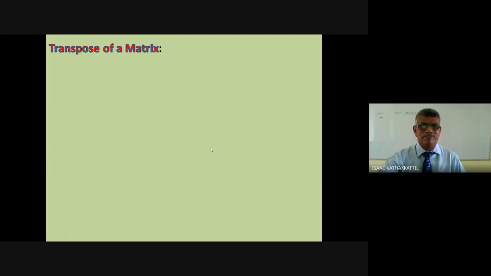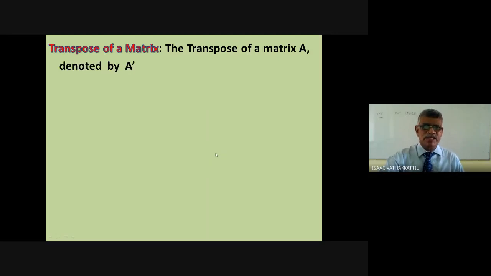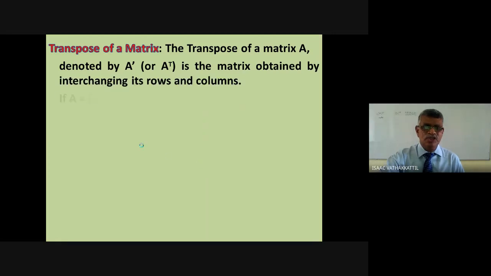Transpose of a matrix. Transpose means simply interchange the rows and columns of the matrix. You get the transpose. The transpose of matrix A is denoted by A dash, or some others write A^T, A transpose. We are using A dash. It is the matrix obtained by interchanging its rows and columns.